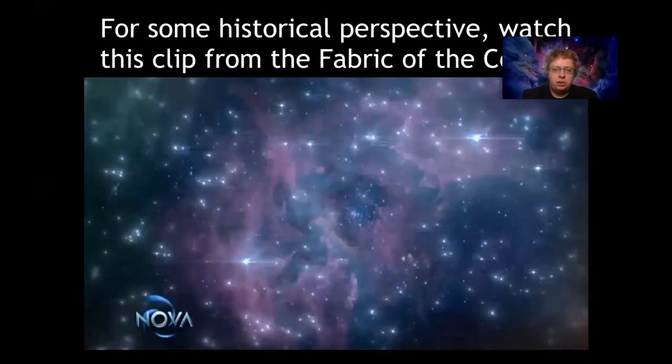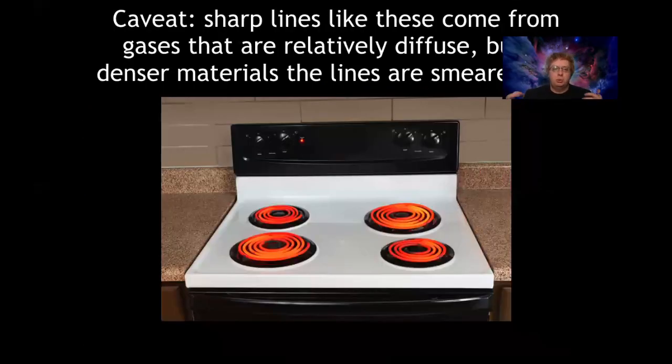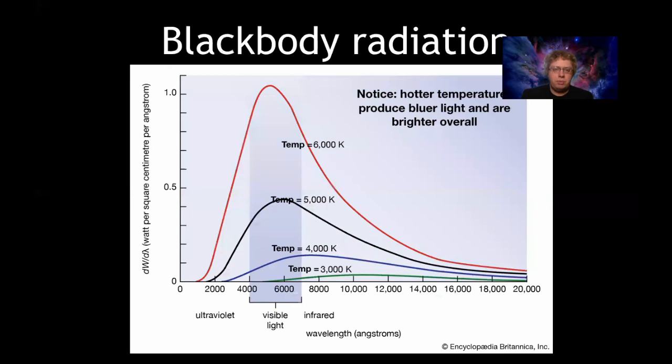Okay, now that we finished that, I wanted to end with one last caveat. In this lecture, I've showed you spectra of objects that have sharp lines, but not all objects produce spectra that look like that. In some cases, especially from dense objects that produce their own light, the lines that you see are smeared out quite a bit, and often are smeared out so much that you can hardly tell that there are any lines at all.